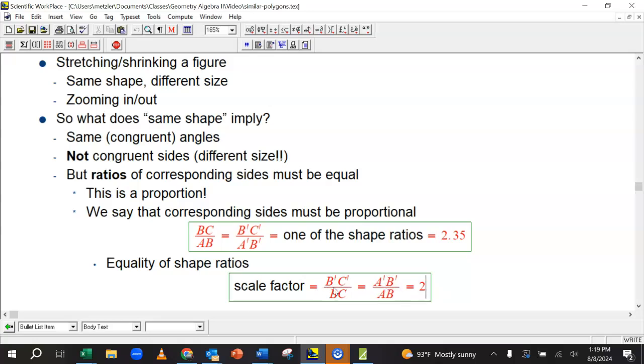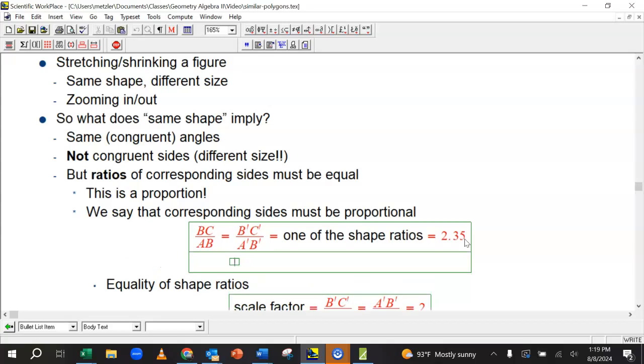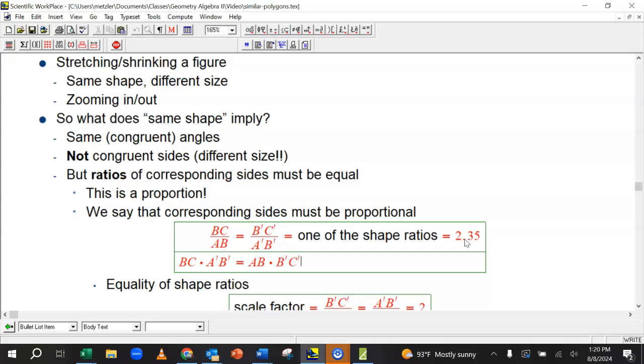And that's really crucial. Now, notice that these are totally mathematically equivalent. This isn't really new information. If this proportion is true, then from what we know about manipulating proportions, that's got to be true as well. Notice one way to be sure of that is I can always clear the fraction. BC times A prime B prime equals AB times B prime C prime.